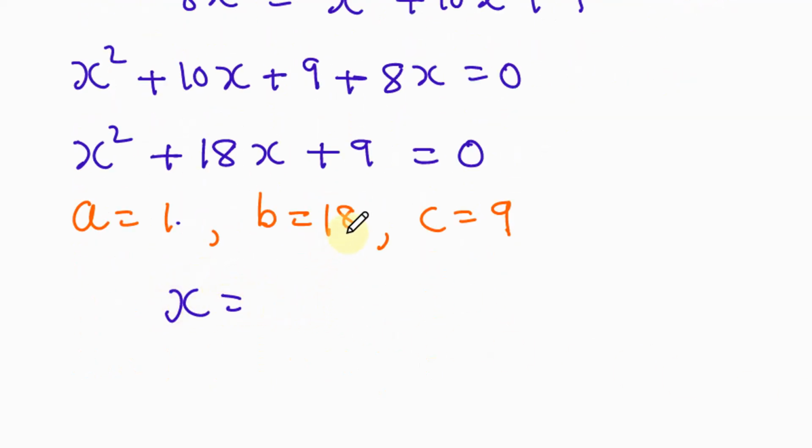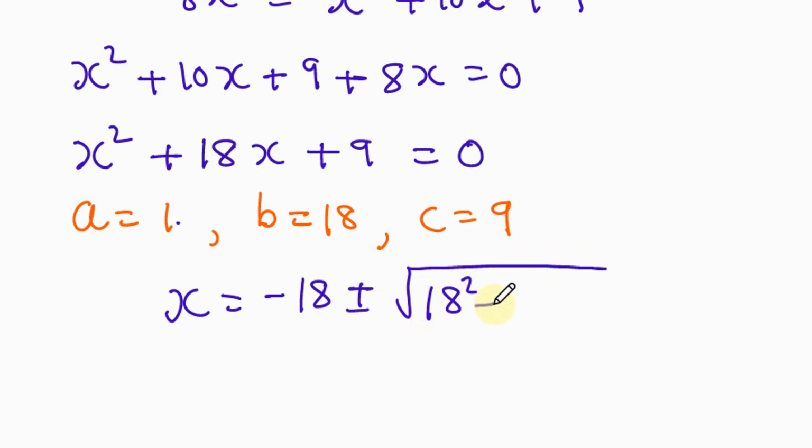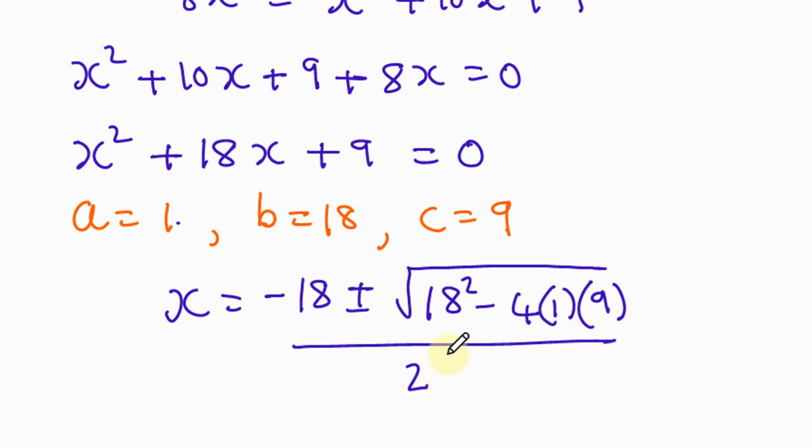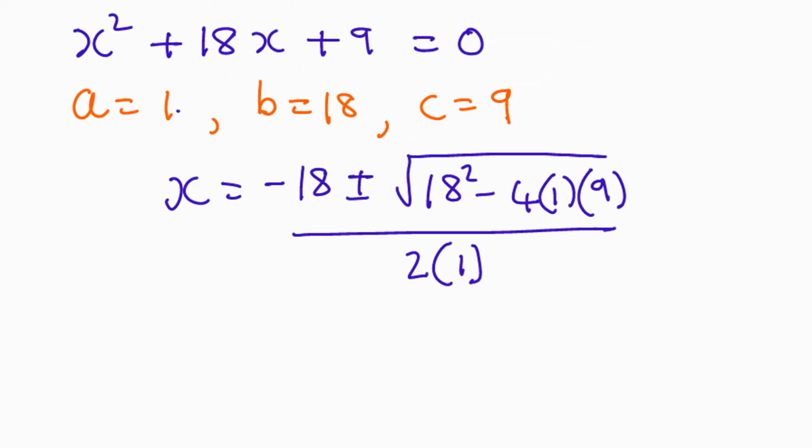X equals negative b, so negative 18, plus minus the square root of b squared, minus 4 times a times c. And this is all over 2a. Now we can work out what's under the square root using a calculator.